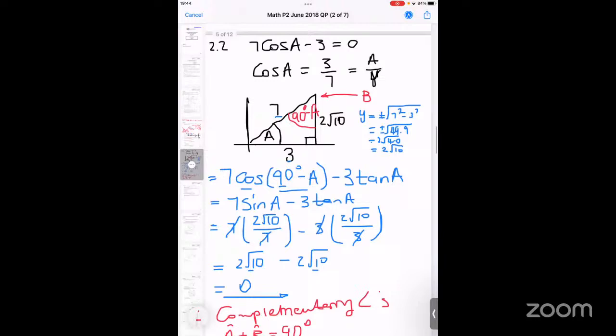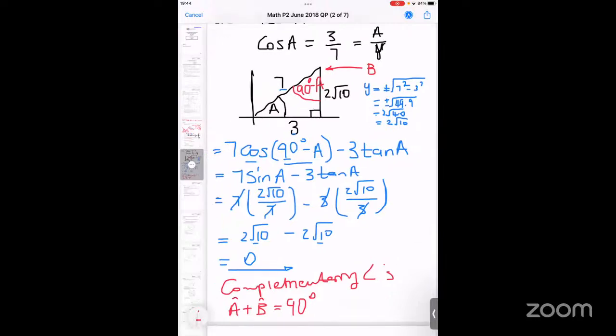So if they are complementary and you take this to the other side, angle A is the same as 90 degrees minus angle B. But I actually wanted to make angle B the subject of the formula.